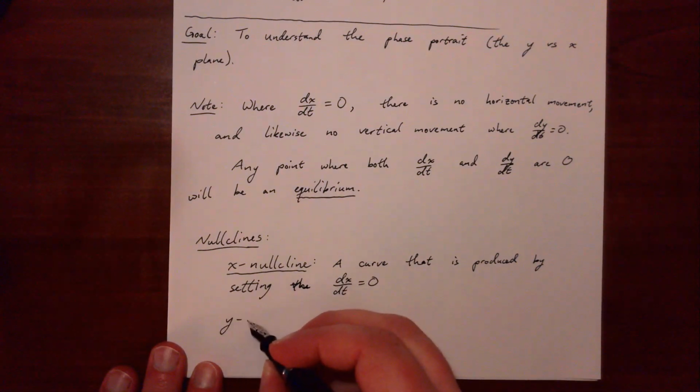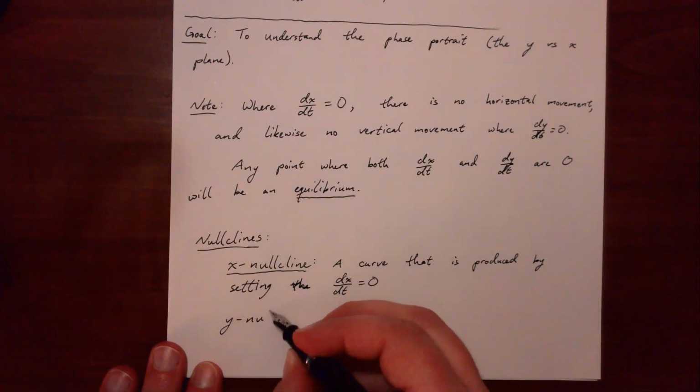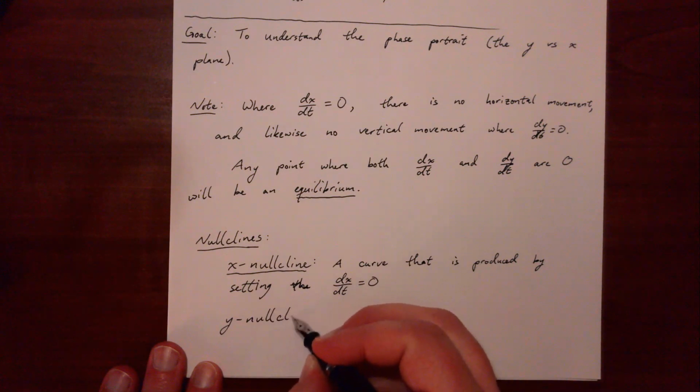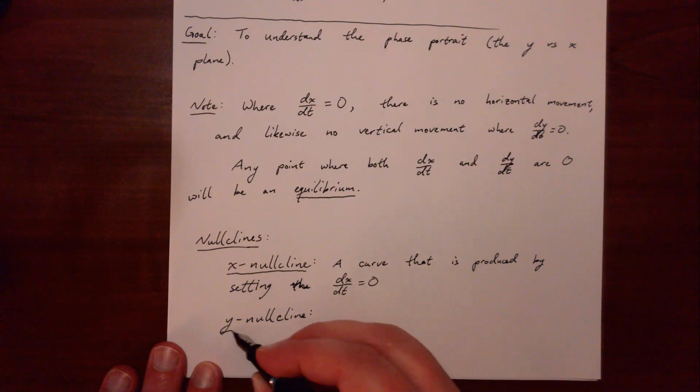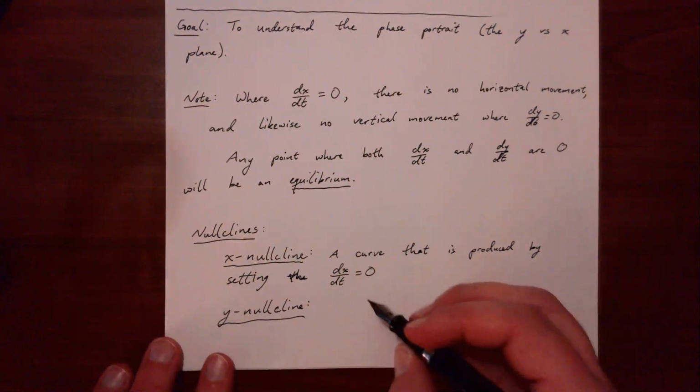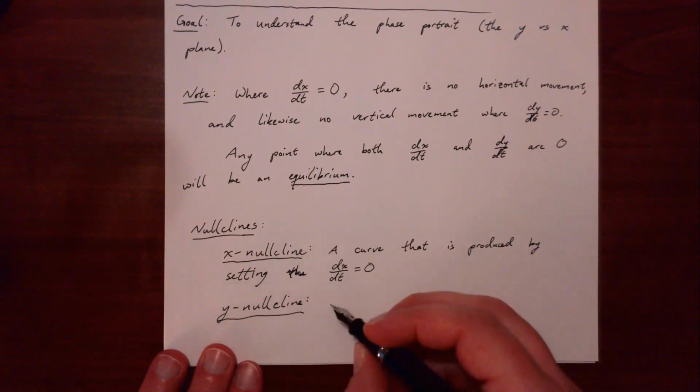And then the y nullcline would be very analogous. So the y nullcline would be what you get when you set dy/dt equal to 0.